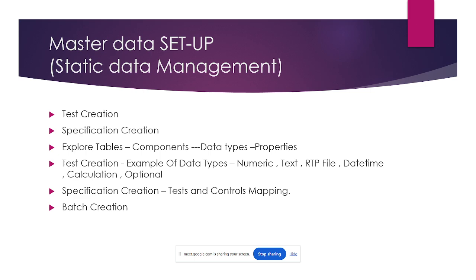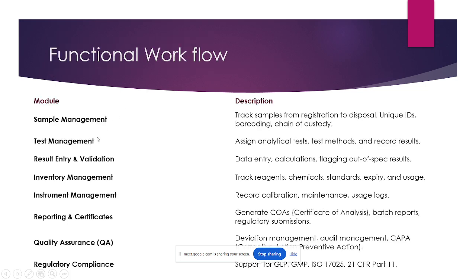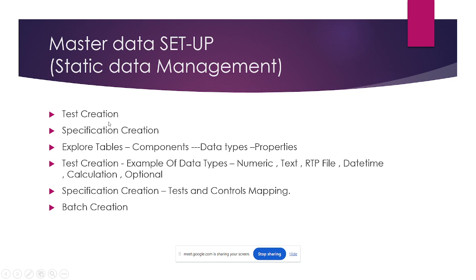In pharma, if any testing is required, we compulsorily need a procedure, and we also need some criteria, meaning some results are also required. So the criteria will be made in the specification, and the test procedure will be made in the test creation.